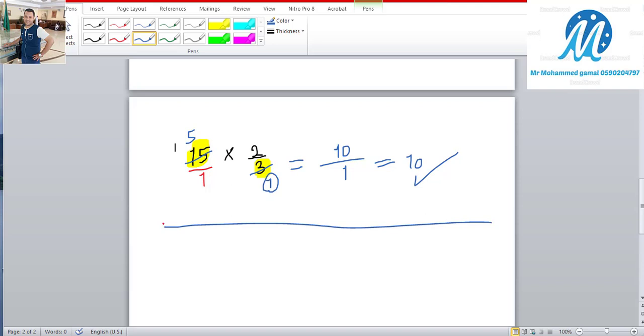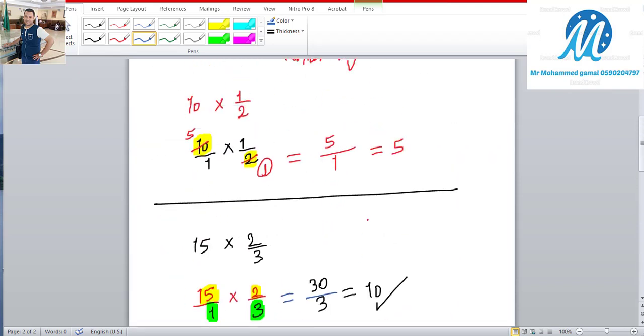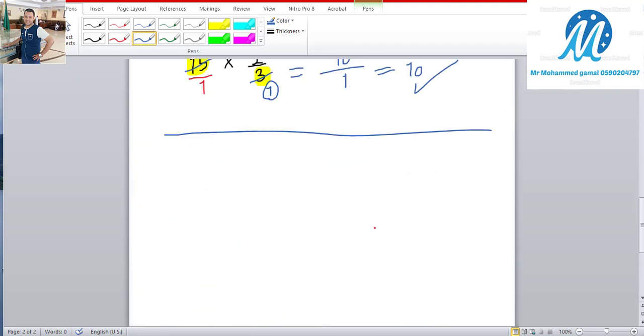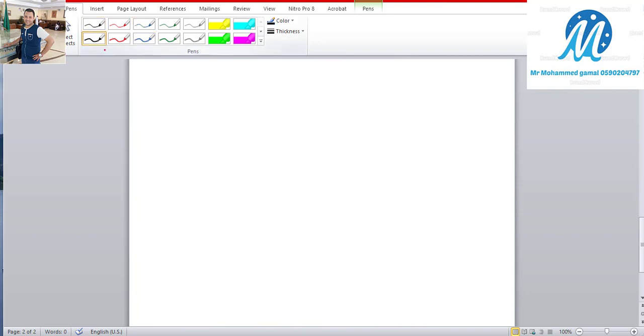Sometimes the answer is not a whole number like this one. Sometimes you're going to be given a question like, let's say, 10 multiplied by 2/3. In this case, let's make the 10 to be 10 over 1 and here 2 over 3.